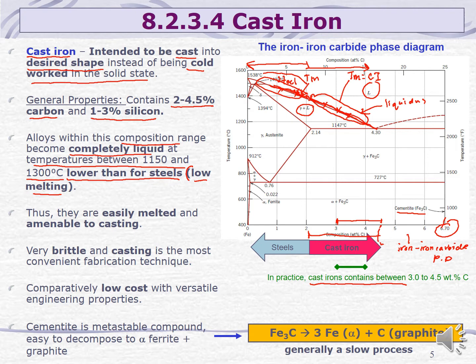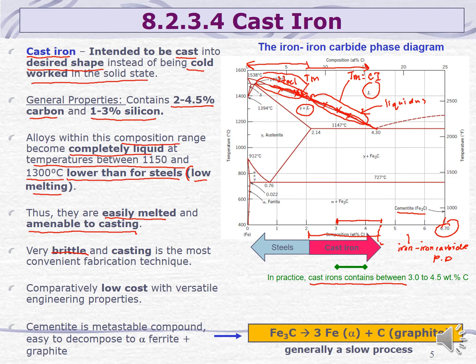Because of that, this cast iron is easily melted and amenable to casting. Okay. This cast iron is very brittle. Okay. Because this cast iron is very brittle, it cannot be deformed using the mechanical work process, mechanical deformation process.